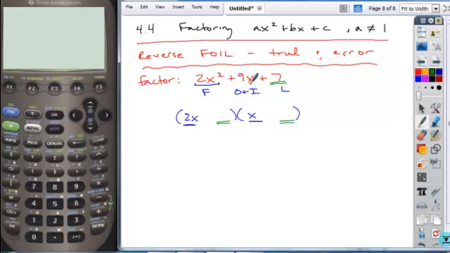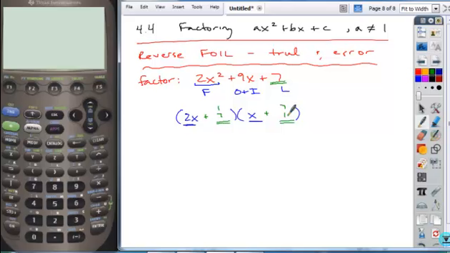All right, so if you know that the outer and inner sum has to be positive 9x, and the product is positive 7, that means the signs are the same. Since the sum is positive, we know that each of these signs has to be a plus. And then what are the only two numbers that can multiply together to equal 7? 1 and 7 or 7 and 1.